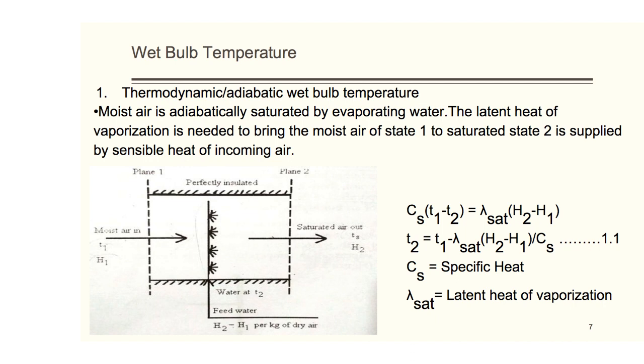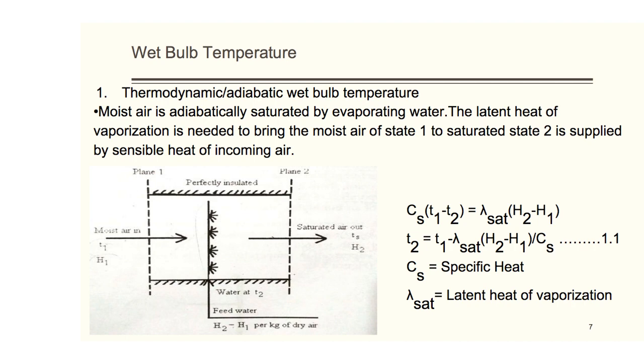So this is termed adiabatic. What is written here? Moist air is adiabatically saturated by evaporating water. The latent heat of vaporization needed to bring the moist air of state 1 to saturated state 2 is supplied by the sensible heat of incoming air.